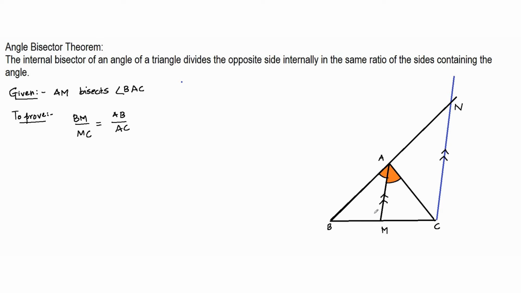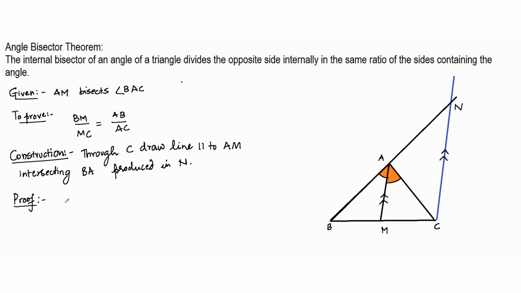So let us now try proving this. Let me write down the construction. I see that there is a line parallel to the base, so let me apply BPT to triangle BNC.